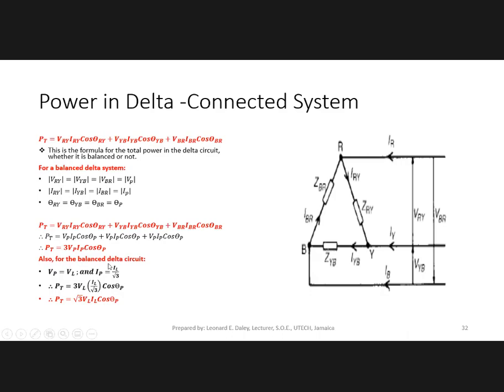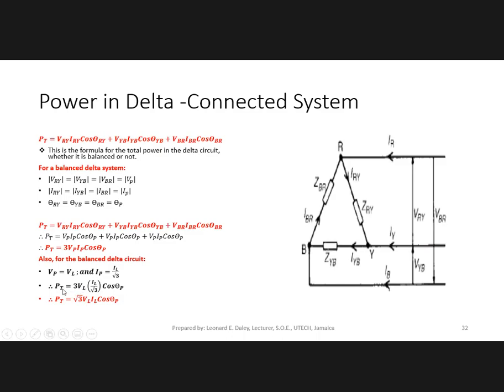Also, for a balanced delta circuit, we know that VP is equal to VL and IP is equal to IL over root 3. If we want to write the total power in terms of the line values, we substitute for VP and IP in this formula.